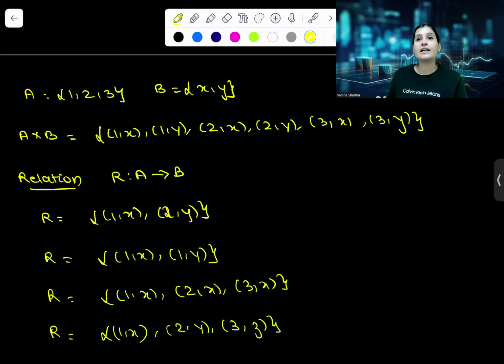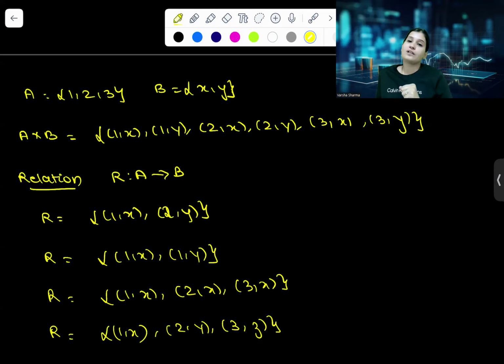It is a relation. Each one of them is a subset of A cross B. What is a relation? Relation is a subset of A cross B. Each one of them has pairs that already belong in A cross B, because A cross B serves like a universal set. It is every pair and relation takes some of them, right? So all the four relations are subsets of A cross B.